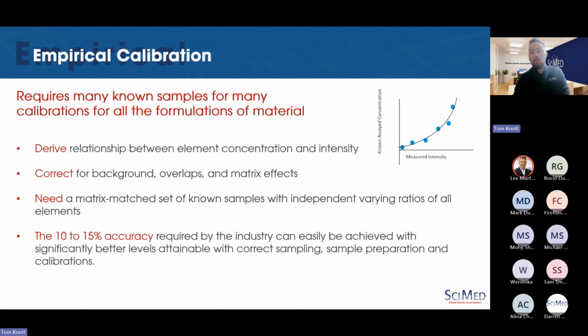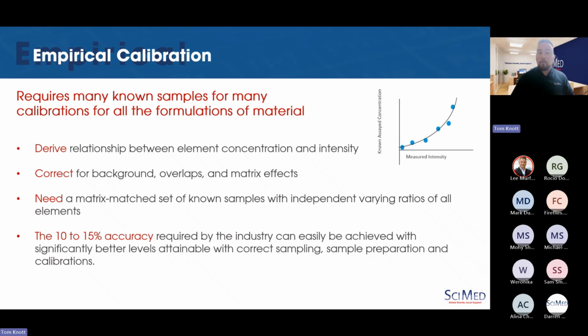Now, the most conventional that many people are familiar with, from a whole variety of analytical tools, will be empirical calibration, whereby you have a known set of ideally certified or at least well-characterized reference materials, where you're taking the measured intensity from whatever the method, in this case the X-ray signal, versus the known assay concentration, and then plotting a regression through that.